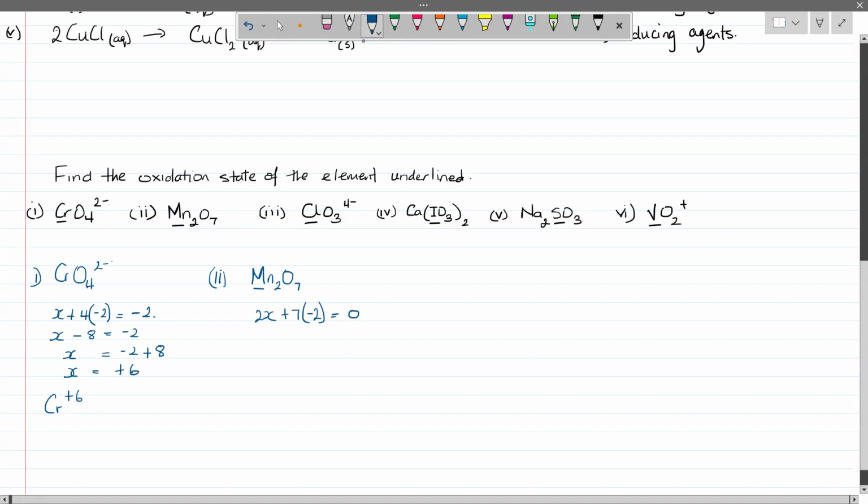So 2x plus 7 by -2. Carry this across, 14. X is equal to 14 over 2. X would be equal to +7. So the Mn has a charge of +7.